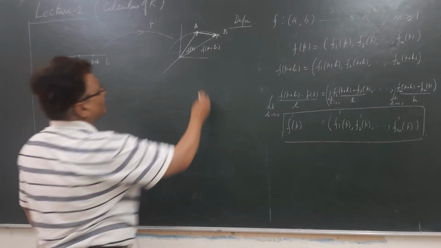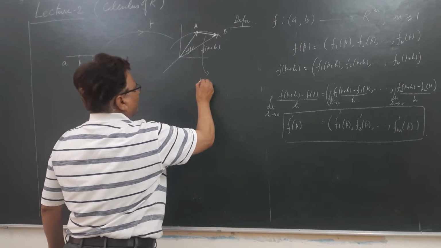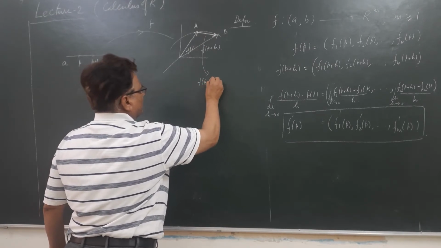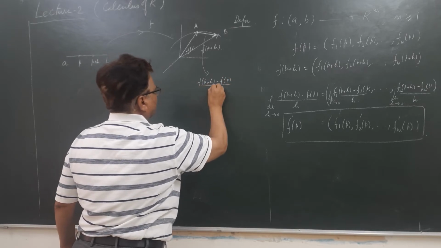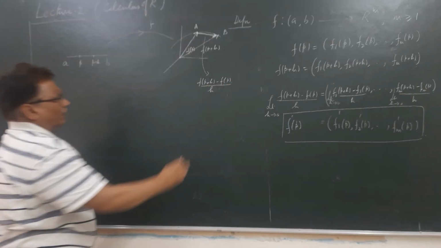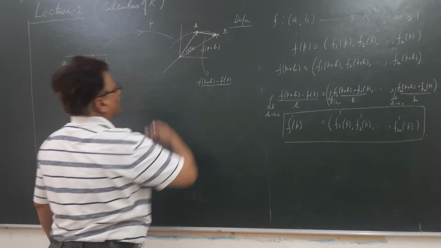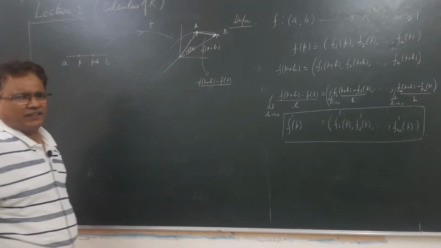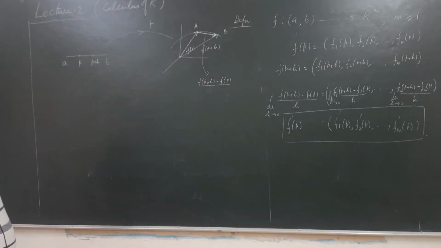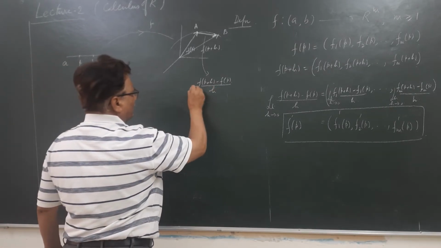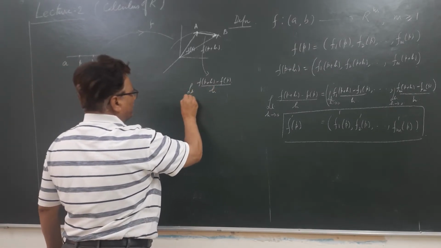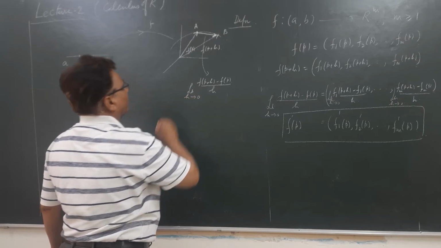So this is f of p plus h minus f of p, upon h. Upon h will also be a vector in the same direction, and when h tends to 0, in the limiting case, what will happen?